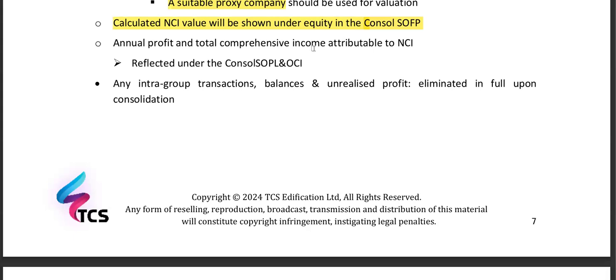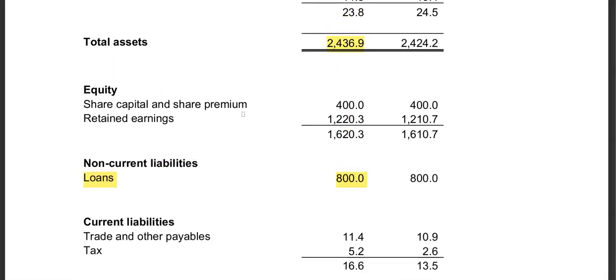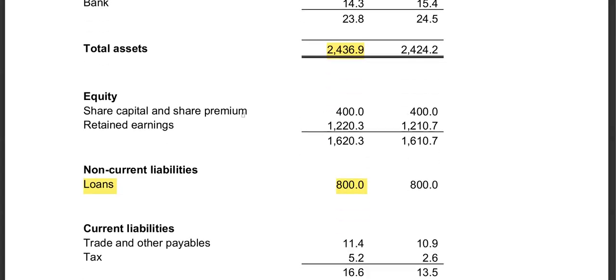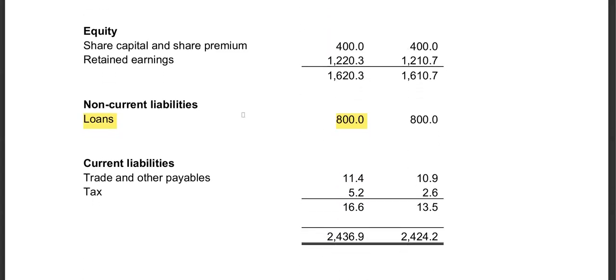So if you look at our current consolidated statement of financial position, we do not see any non-controlling interests. The reason being the subsidiaries that we own are 100% owned subsidiaries. It could be that we set up the subsidiary from scratch, or it could be that we acquired the subsidiary.